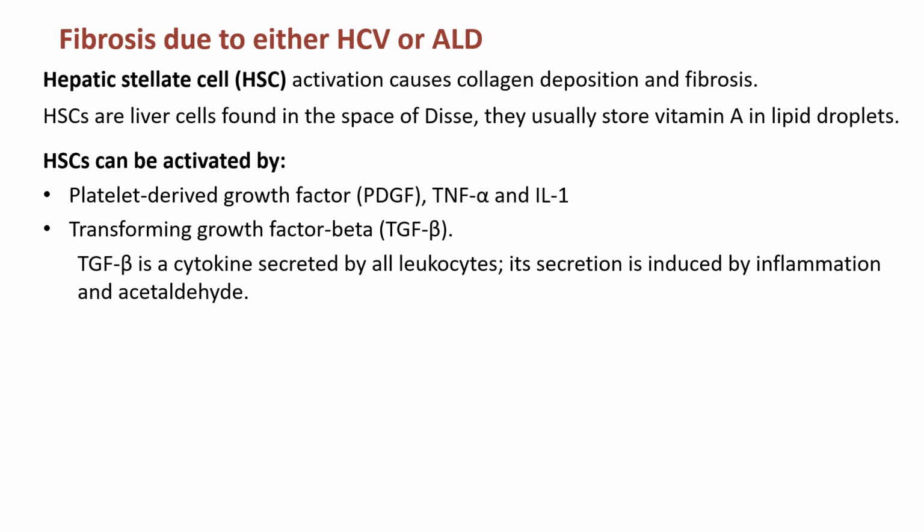This is a cytokine that's secreted by all leukocytes, and its secretion is induced not only by inflammation, but also by acetaldehyde. Remember, that's what alcohol was converted to in our primary metabolic pathway of alcohol.